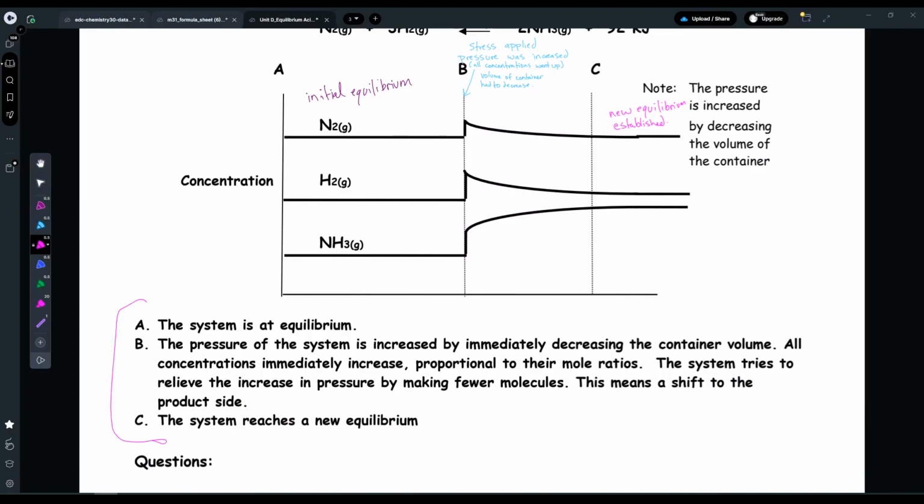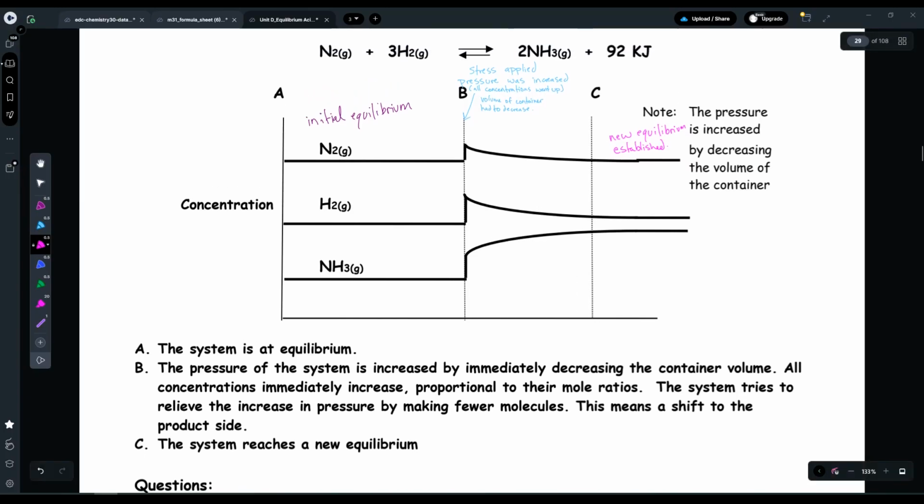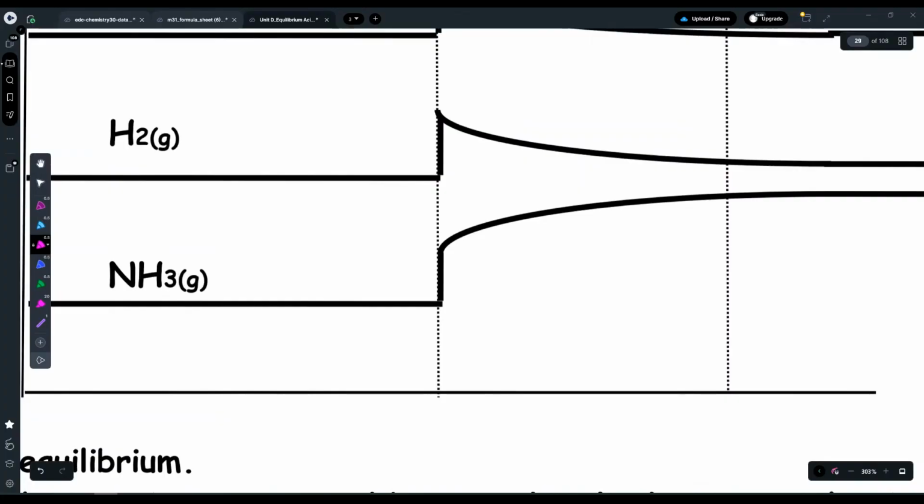Okay, so everything down here just states what I've already talked about here. So I'm going to add in here how we know that it was a pressure change is because all concentrations were a sudden change.